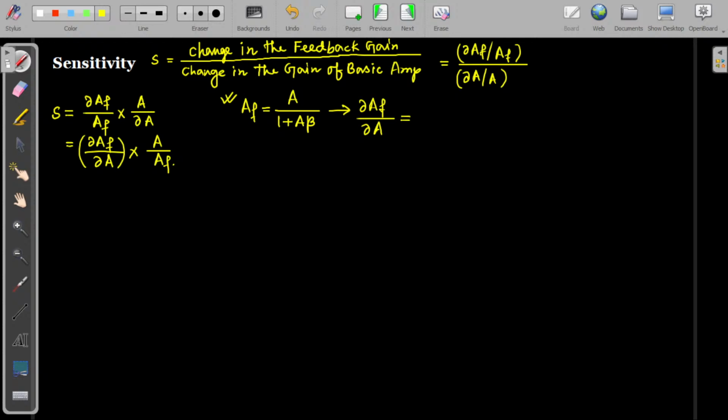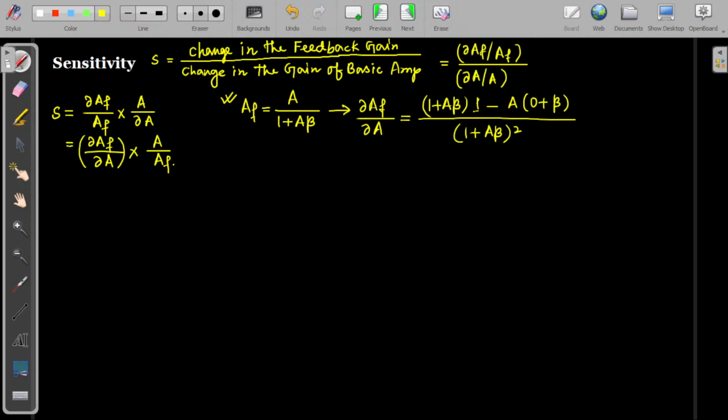So what will be the value? If we differentiate this, the denominator will be 1 plus A beta whole square, and in the numerator we get 1 plus A beta into 1 minus A into 0 plus beta.